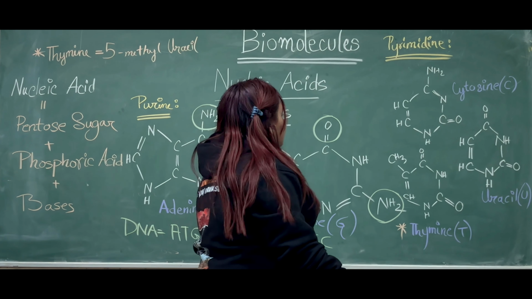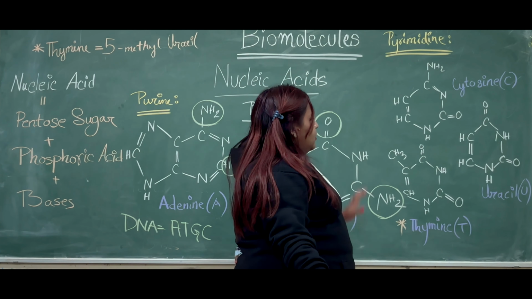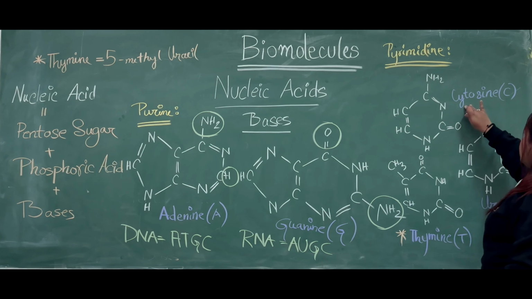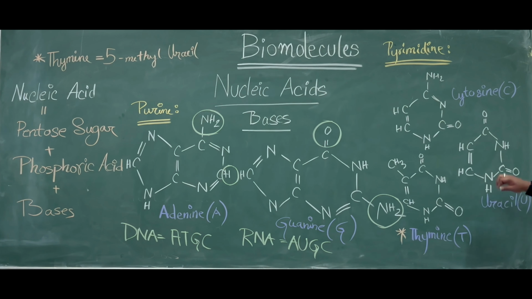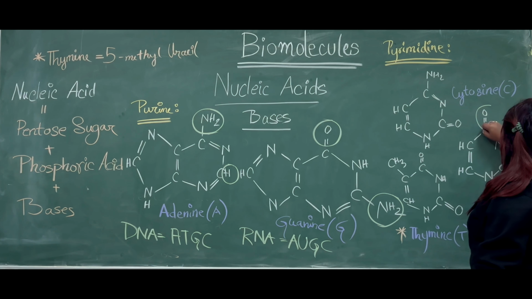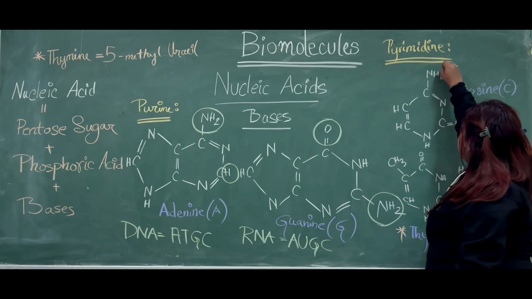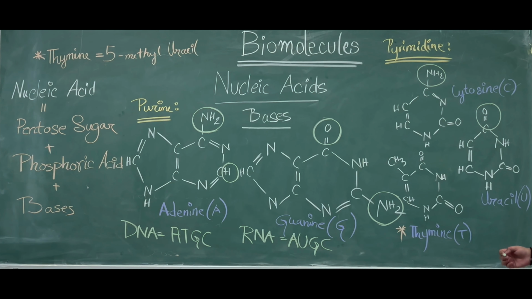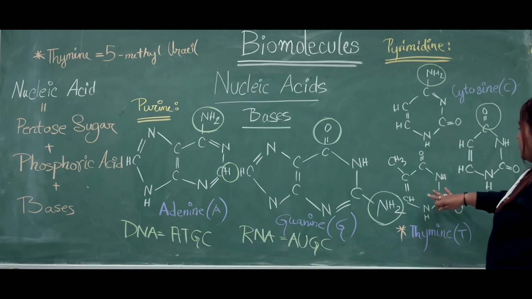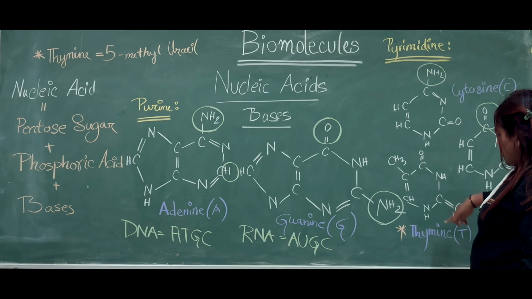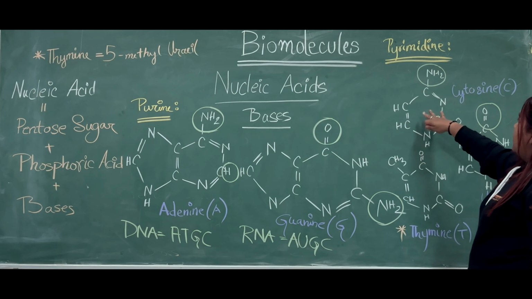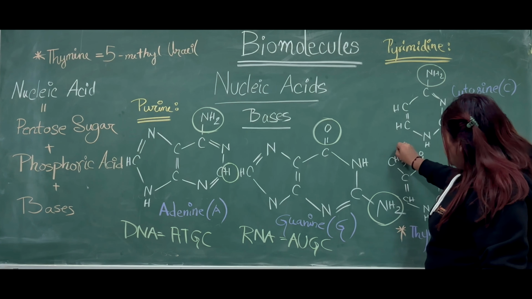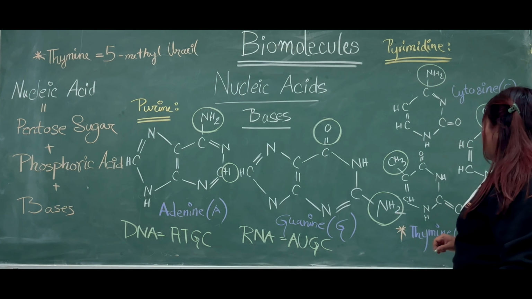Now for pyrimidine. As you can see here, for cytosine and uracil, the difference is oxygen and NH2. And between thymine and uracil, there is a CH3 group.